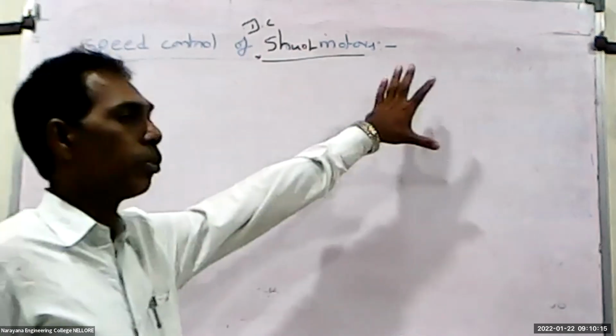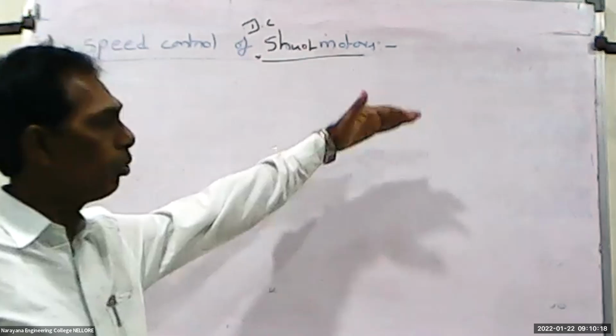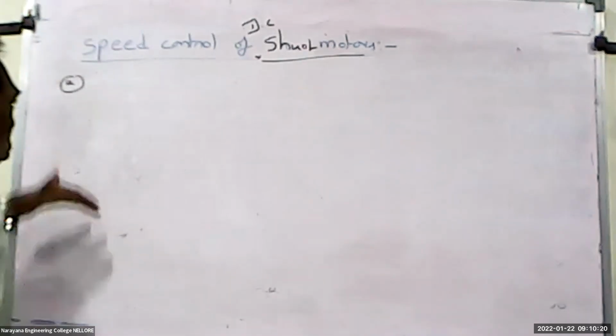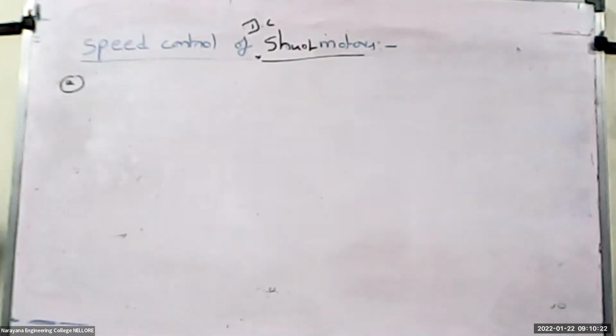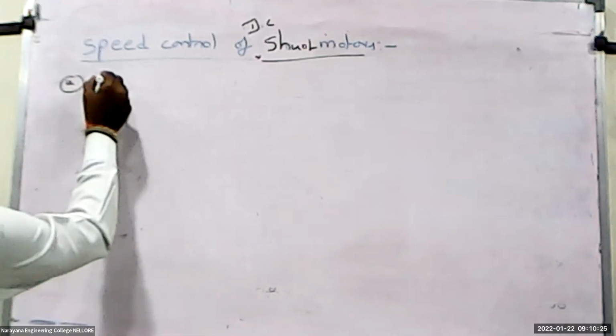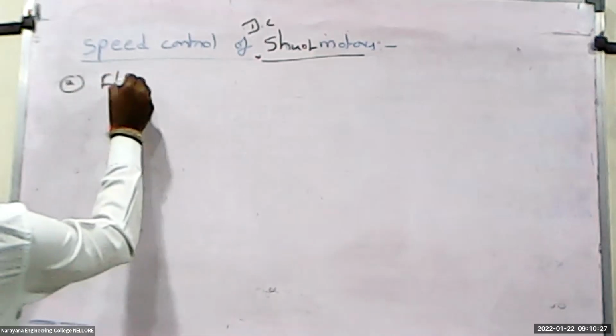Then write down that the speed control methods are flux control, voltage control and current control. Then you go for speed control of the shunt motor. First one is the flux control method.